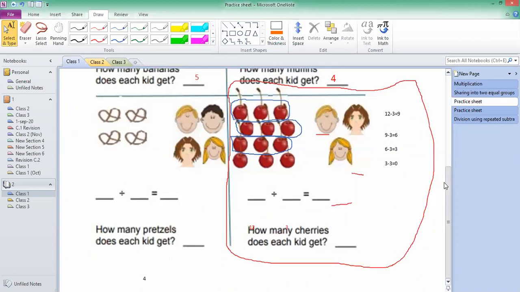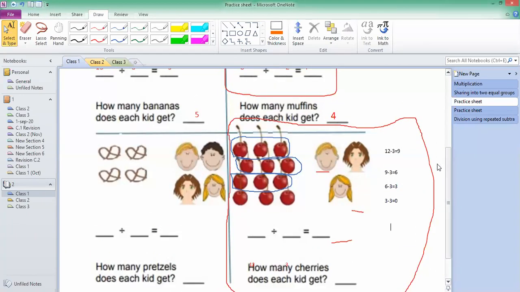When we reach 0, we will find the answer. So you can see, guys, this is 12 divided by 3. Now we have to find out how many cherries each kid gets. For that, you will check how many times you subtracted 3.